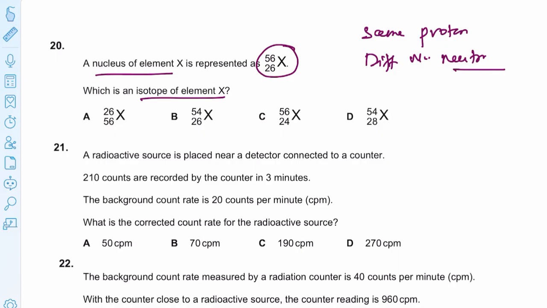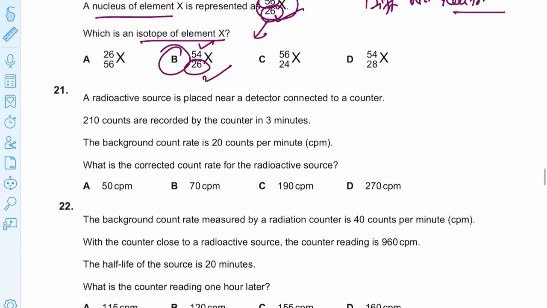This 26 represents the number of protons, and this 56 represents the number of nucleons, means protons plus neutrons. Simple. If you see the four options here, 26 represents the same number of protons, right, but different nucleons, or we can say neutrons here. So this option B is the correct answer.